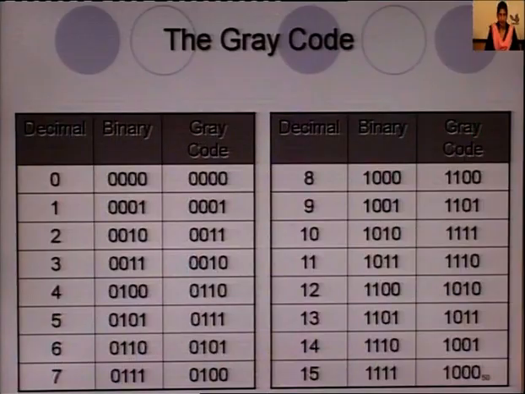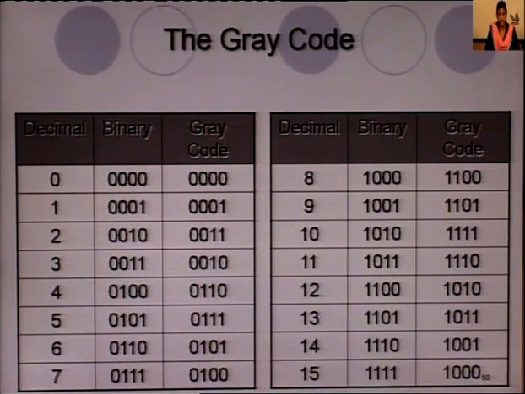Here is a comparison of the decimal number system with binary and Gray code. If we have 0 in decimal, in binary we have 0000, and in Gray code we have 0000. For 1 it is 0001 in binary and 0001 in Gray code. For 0 and 1, the two representations are the same, binary and Gray, but for decimal 2, the binary and Gray code representations are different.